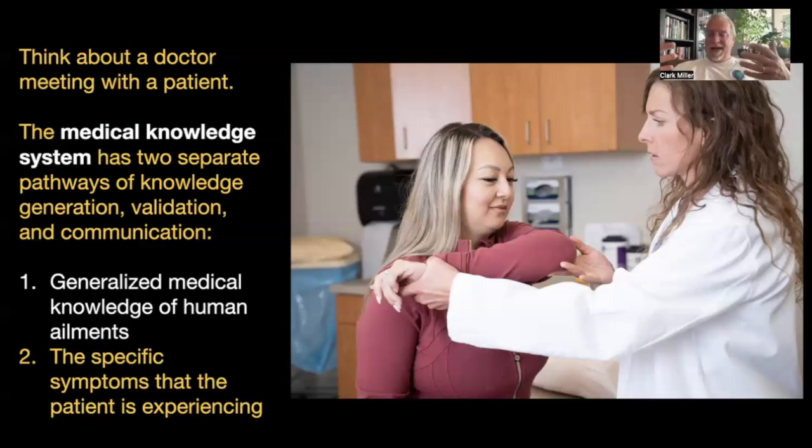And then the application part in this context is the bringing of those two knowledge domains together, right? The doctor says, well, these are the kinds of things that happen to hips in abstract. And these are the things that Clark Miller is experiencing this afternoon.